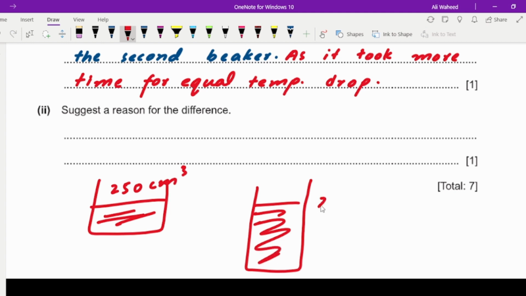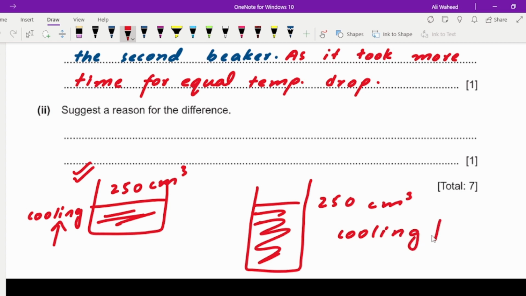It also has 250 cubic centimeter of water. In this one, the rate of cooling would be higher, because it has more surface area exposed to the air. And in this one, the rate of cooling would be slower. It has less area exposed to the air.